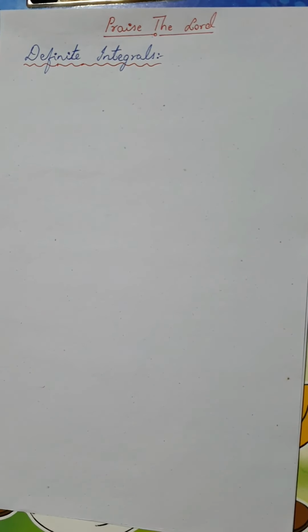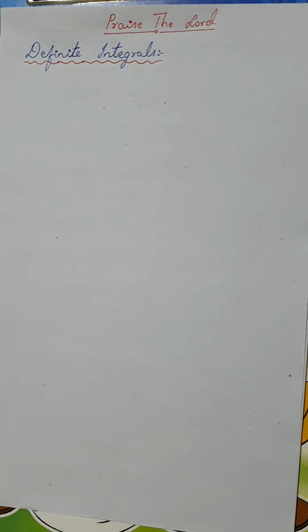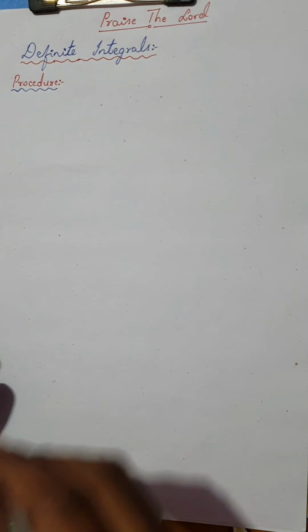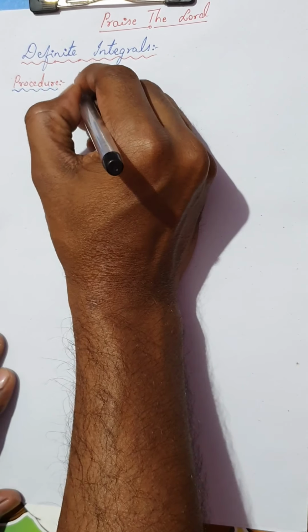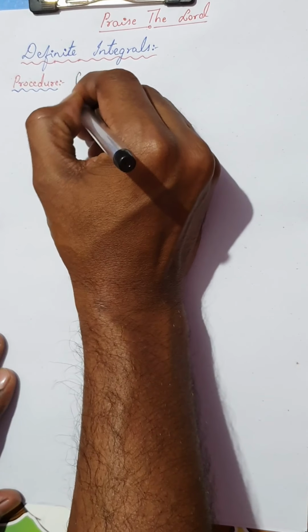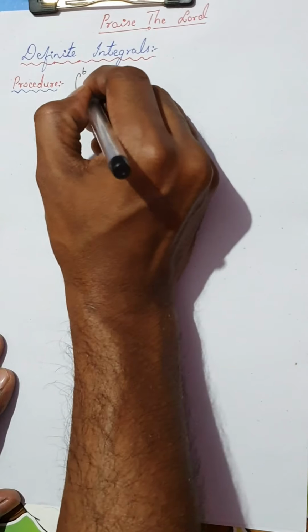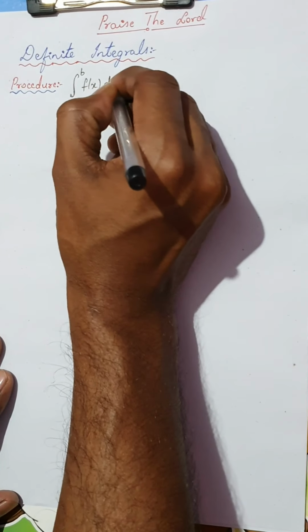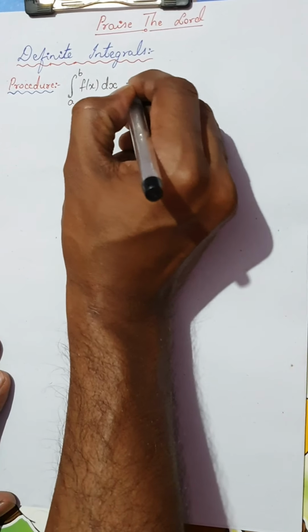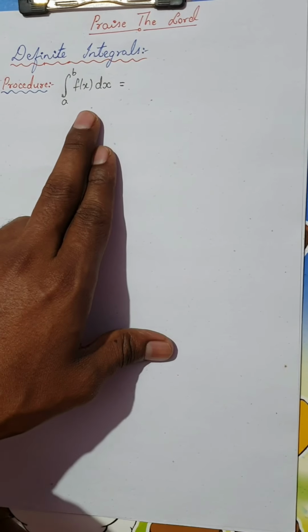Okay, so the procedure of definite integrals goes like this. Now look at the procedure, dear students. Let me assume an integral from a to b f of x dx. So we all know this is an example of a definite integral.